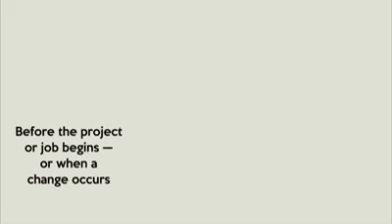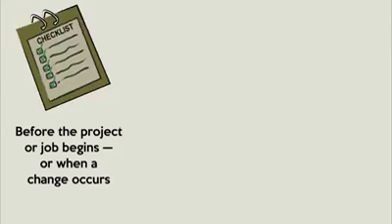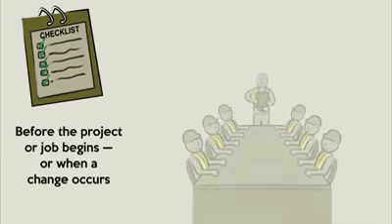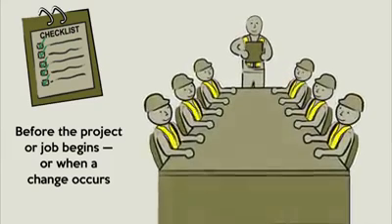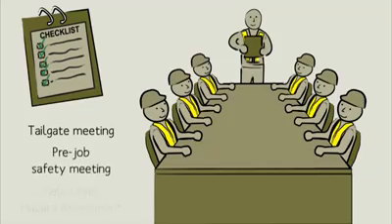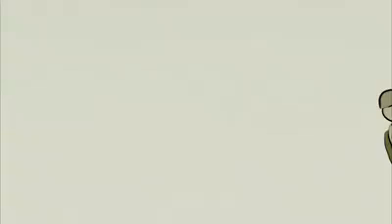The key is that it is carried out before the project or job begins, or when a change occurs. Typically, there are formalized processes or checklists associated with this type of hazard identification, and communication is a key component of this type of assessment. So you'll see terms like tailgate meeting or pre-job safety meeting associated with site-specific hazard identification systems.